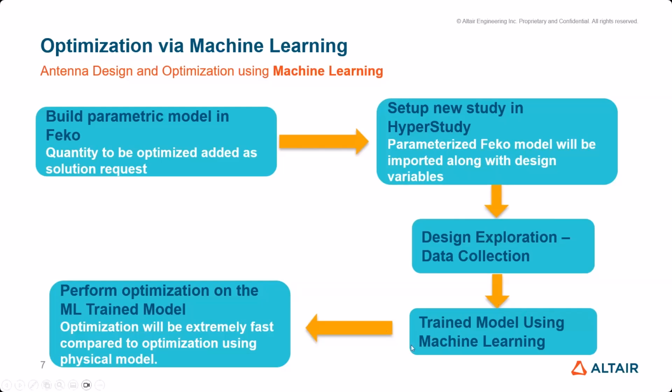And once your model is trained, you can then perform optimization on the machine learning trained model. So what is the advantage of doing this process is that the optimization will be extremely fast compared to the optimization that you would do using a physical model in FEKO.